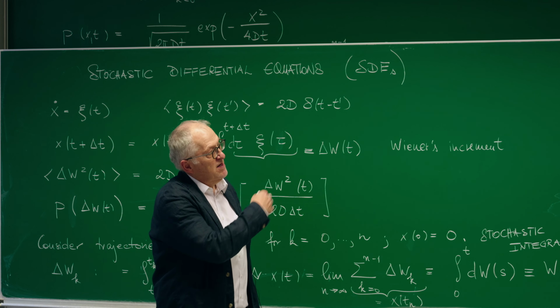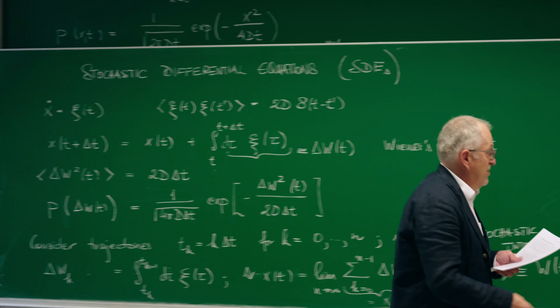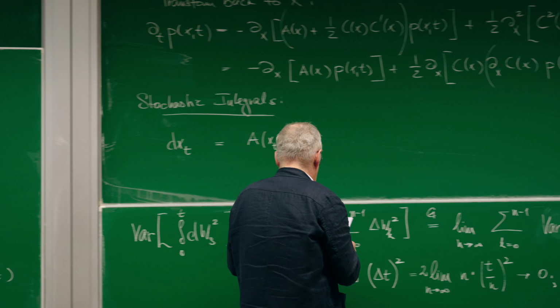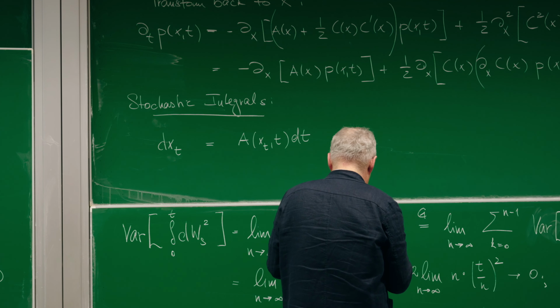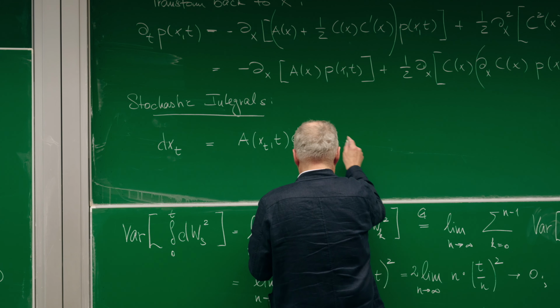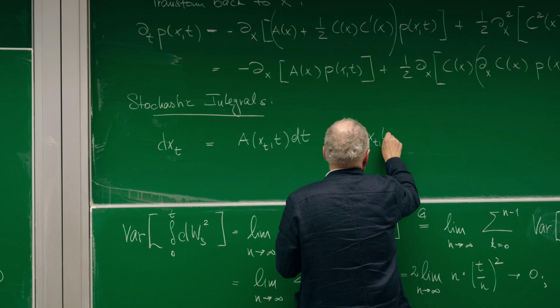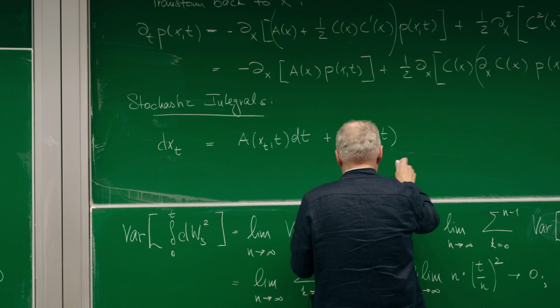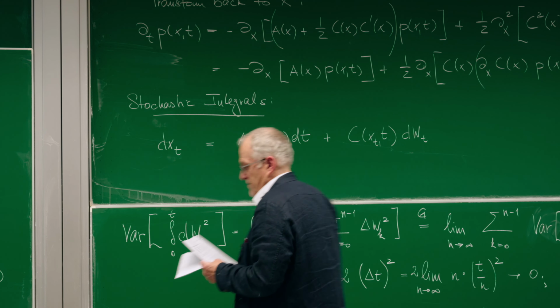The differential of x is the drift term times dt. But now, when you look at the second term, you have plus c(x_t, t) dW(t).